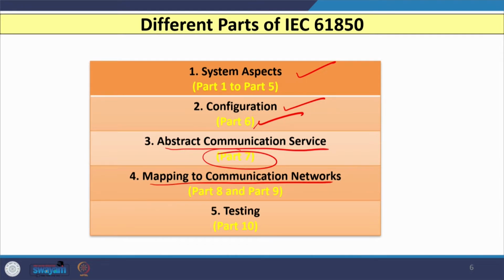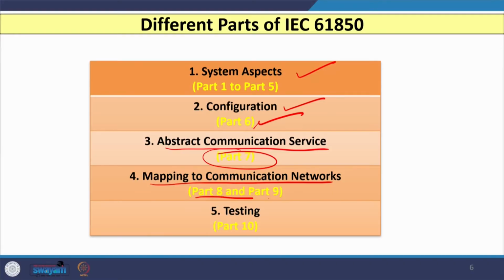Once communication is carried out, what are the different layers available in this network and how is the mapping carried out, whether using some interpreter or by some layers? That will be discussed in the mapping to communication network parts, and that contains 2 parts, part 8 and part 9. And the fifth one is related to the testing of a particular device or IED, and that is mentioned in part 10.